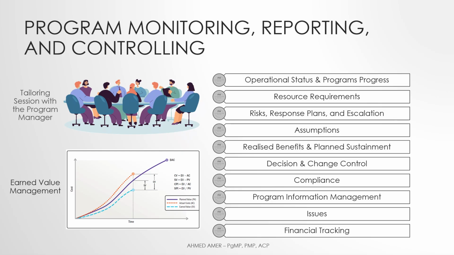Realized benefits and expected sustainment. Program decision-making criteria, the tracking and communication of these decisions, in addition to program change control. Compliance with corporate and legal policies. Program information management. Issues and issue response plans. And finally, program funding and financial performance or tracking.